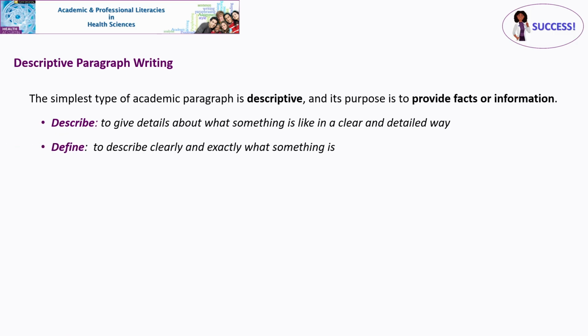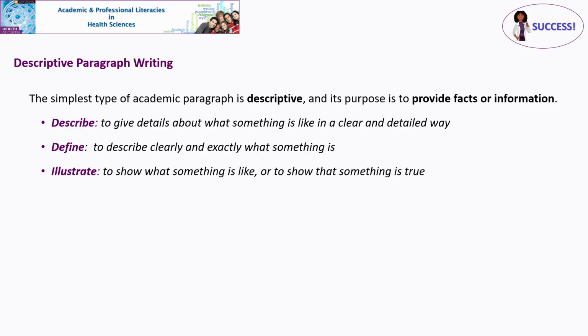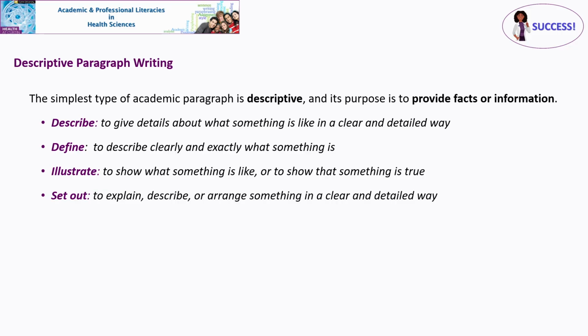It will define clearly and exactly what something is. It will provide illustration to show what something is like, or show something is true. It sets information out through explanation, description, and arranging information clearly and in a detailed way.